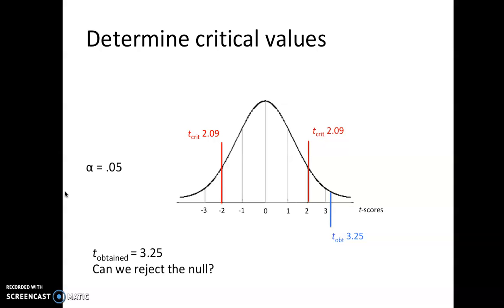So can we reject the null hypothesis that says there is no real difference between our sample mean of 28 and the population mean of 24? Yes, we can reject the null hypothesis. Our sample mean is significantly higher than the population mean. What is the chance of us making a type 1 error, in that we are claiming these means are different when they really aren't? Well, less than 0.05.